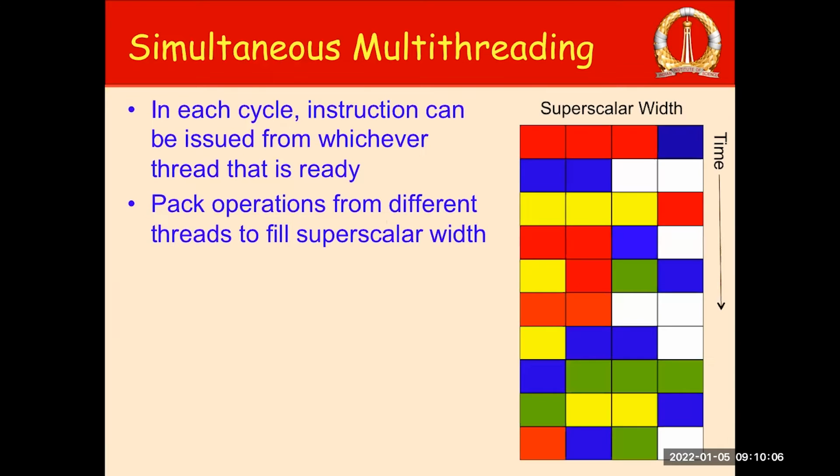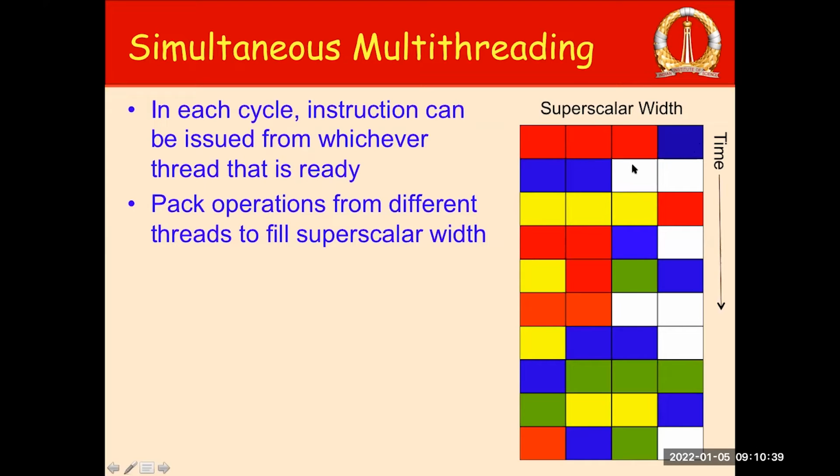If you think of your superscalar processor, then in cycle 0, let's say there are 3 independent instructions ready to be issued from thread 1, and 1 instruction ready to be issued from thread 2. Then you pack all of them together and issue them in the first cycle. Similarly, in some other cycle, maybe there are 3 instructions from the third thread and 1 instruction from the first thread, which you can pack together and issue, and so on.